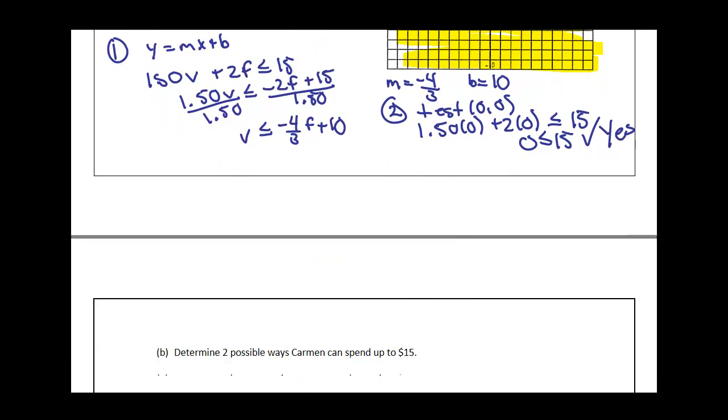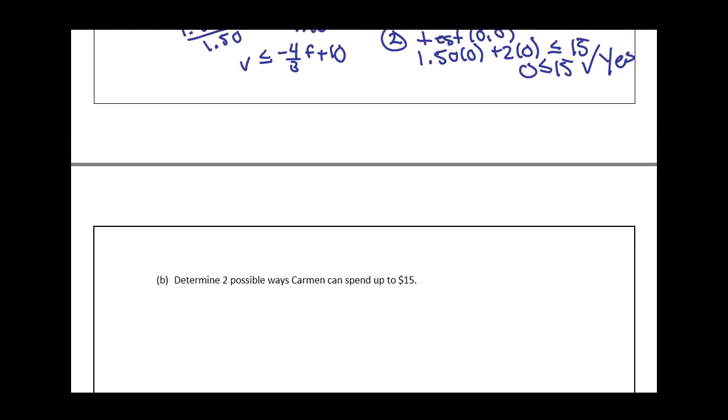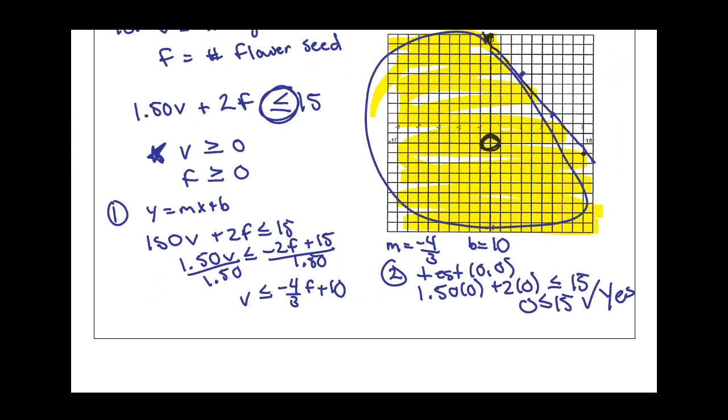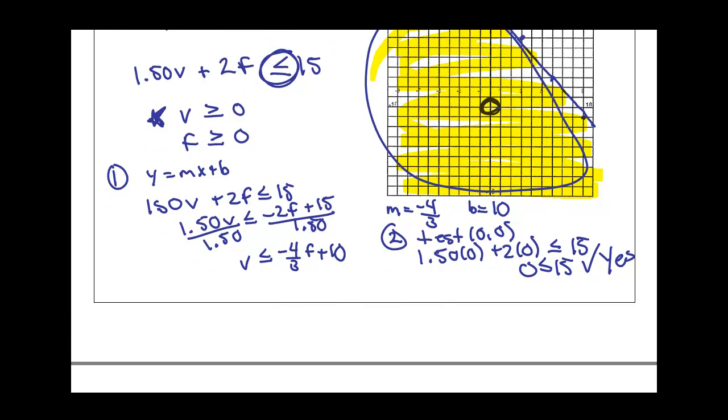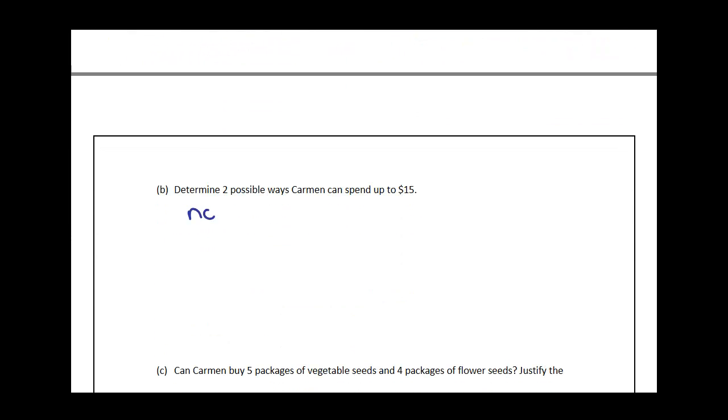Part B asks us to determine 2 possible ways Carmen can spend up to $15. Here it's just asking us to find 2 points that satisfy the inequality. Since we determined that everything below the line is true for it, we can just pick any point in that area. For example, we can pick our test point and say that she buys no seeds.